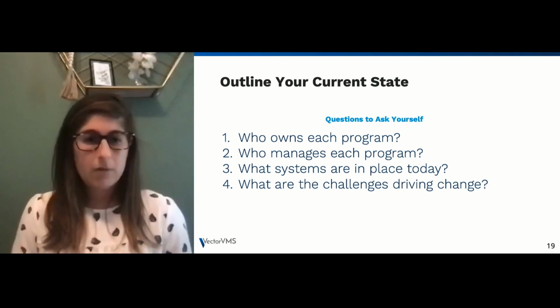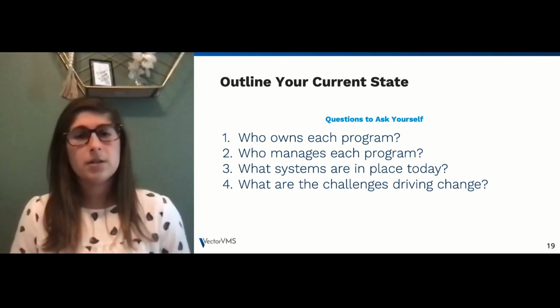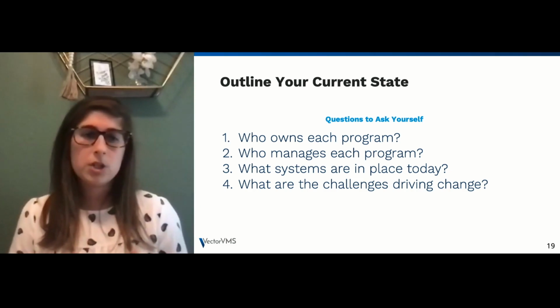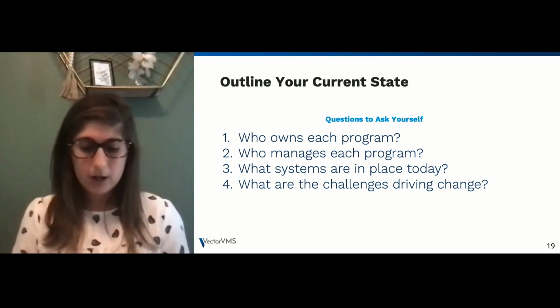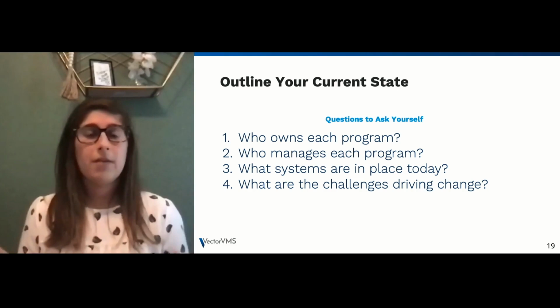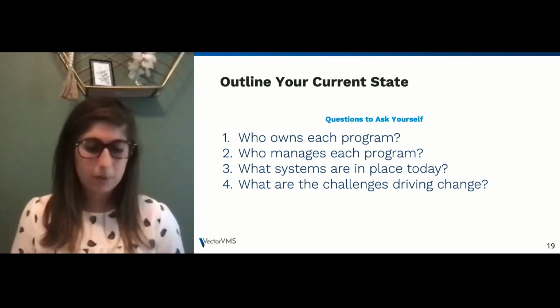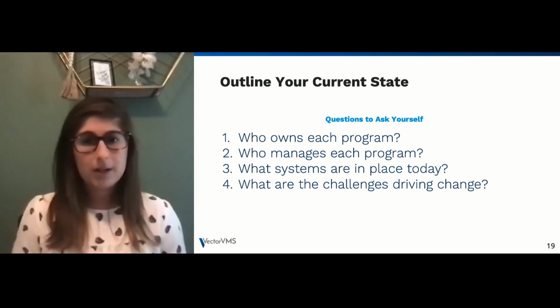One thing to ask yourself when you're gathering this information is, okay, here is what I have. What challenges am I trying to solve for? What inefficiencies am I noticing as I'm collecting this information? For a lot of organizations, it's the need to make sure that cost is maximized across different programs, that I can actually have visibility across these different programs, and also ensuring that compliance is intact regardless of the worker type.